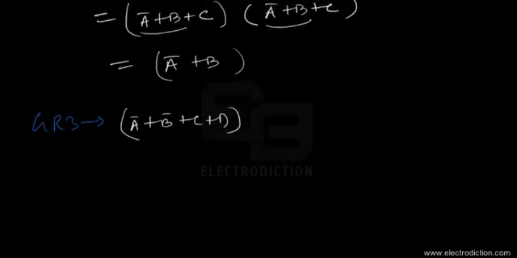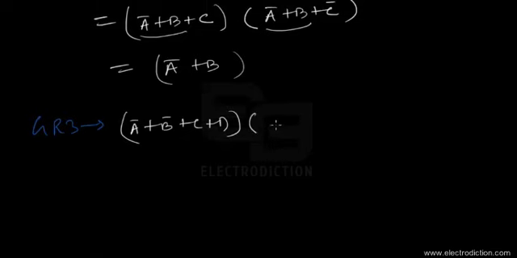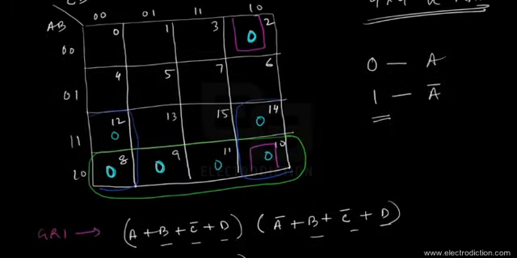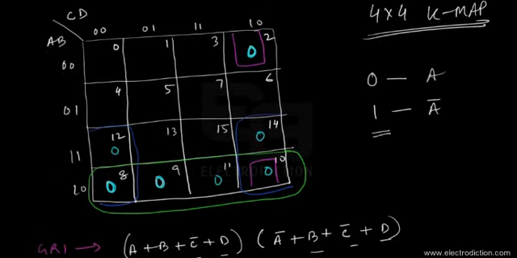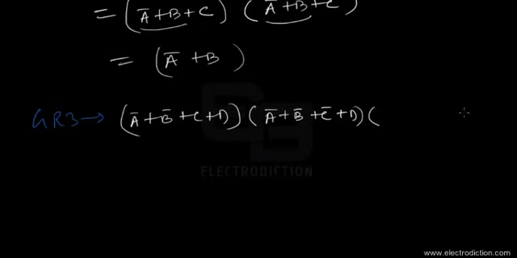And then we got the other term, which reads something like A bar plus B bar plus C bar, and then again we got another D, and then again we have the third term for the other cell that reads A bar plus B plus C plus D once again.